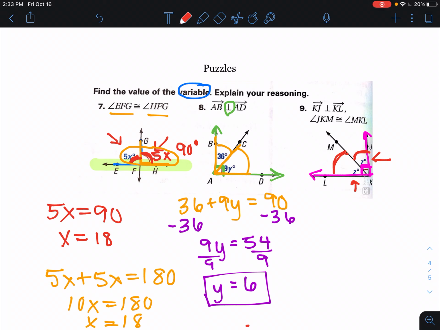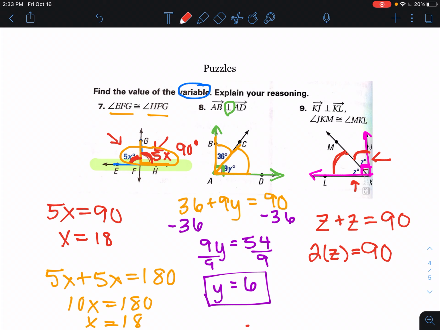So what does that mean? It means that z plus z equals 90. I'll do that little cross in the middle of a z so you guys don't think it's a 2. So z plus z is 90. It's also like saying 2z equals 90. You can think of it either way.